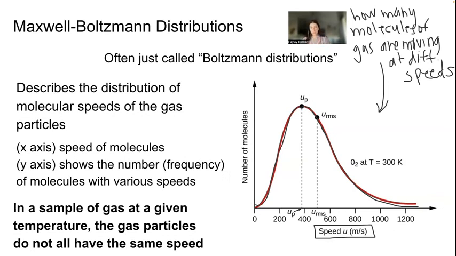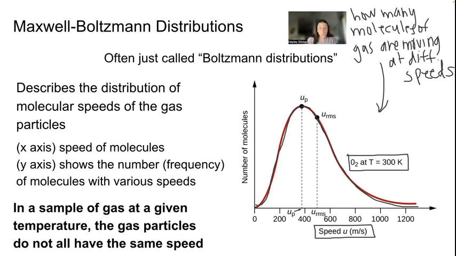The key here is that this figure is showing us one type of molecule at one given temperature. So this is showing how different oxygen molecules are moving at 300 Kelvin. At one temperature, we have a range of how quickly our oxygen gas is moving.